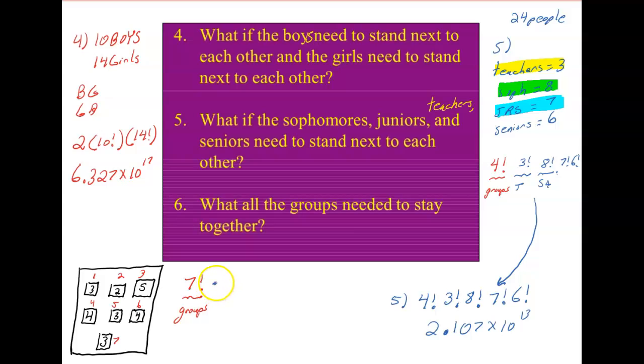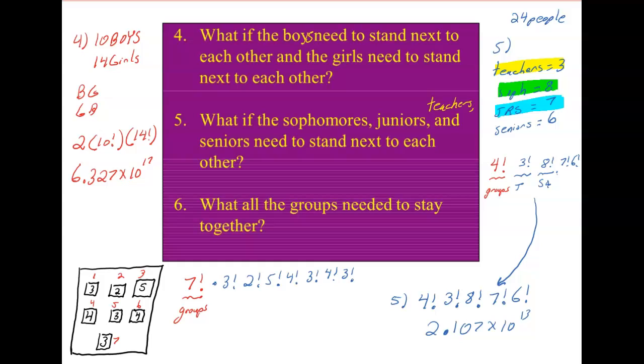So the first group could be arranged 3 factorial. Second group, 2 factorial. Third group, 5 factorial, and so on. So then it'll be another 4 factorial, 3 factorial, 4 factorial, and 3 factorial. So this is what I would need to multiply in order to get all the different ways we can line up at the door where the groups need to stand next to each other.